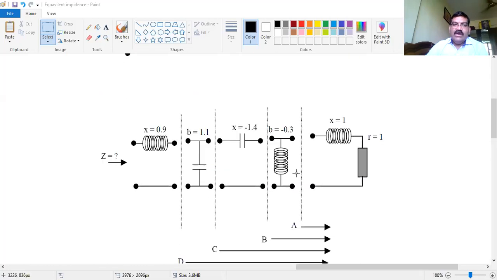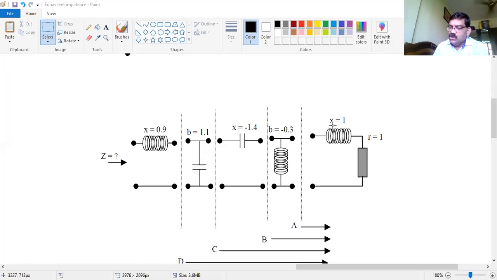What I already did here: I have taken R plus jX, where X is the imaginary part. So I have to plot very first 1 plus jX.